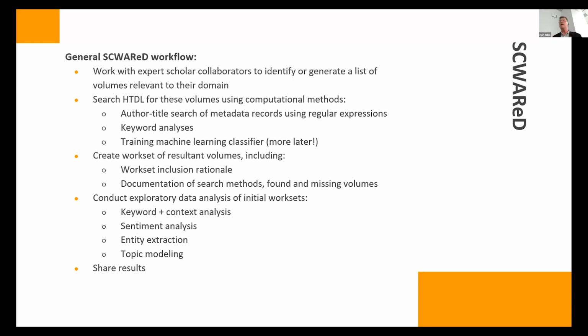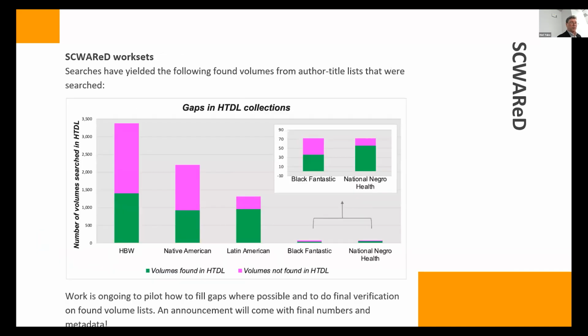And we use many different tools. We'll use topic modeling, sentiment analysis, AI, to see if we can find these books buried in our collection. And so now we're showing some of the results. So this is that word gap filling. You can see the green is that we found it in our collection.